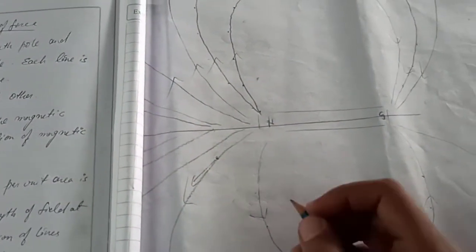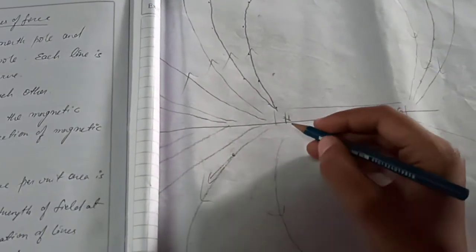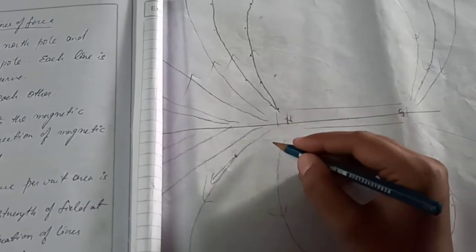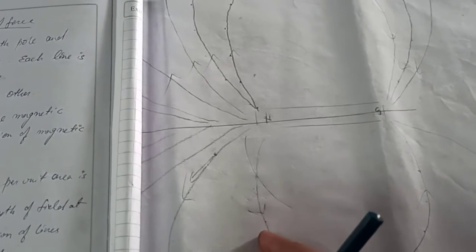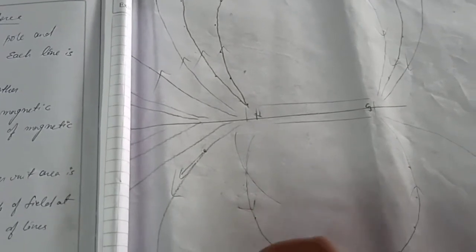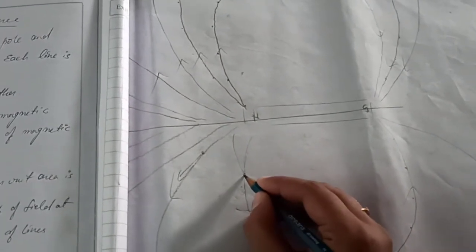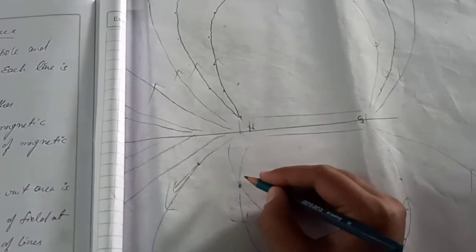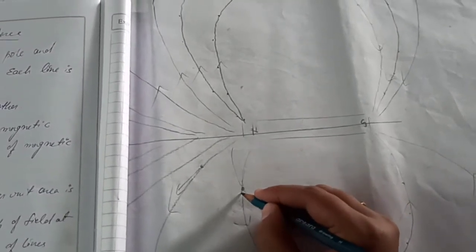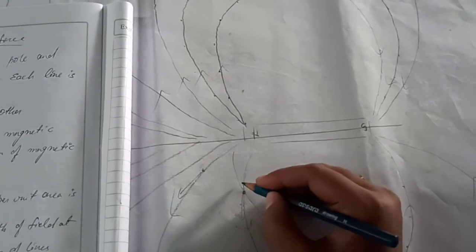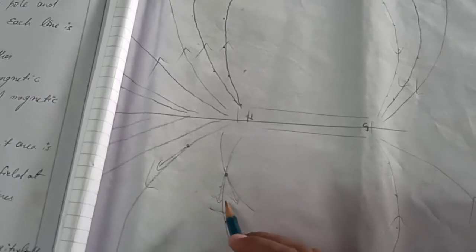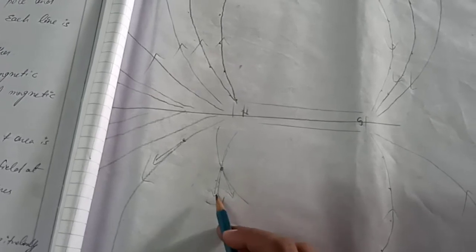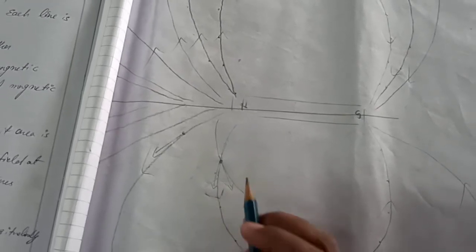Why did I say this? Suppose a curve is coming from this magnet and it is intersecting another curve. When they intersect, they will have a common intersection point here. So when I draw a tangent to this curve and a tangent to that curve, they show two directions.